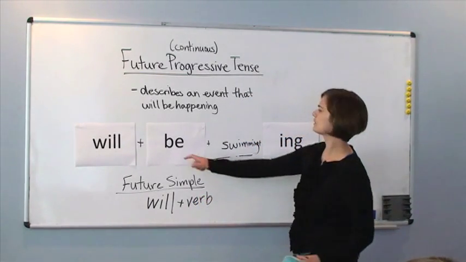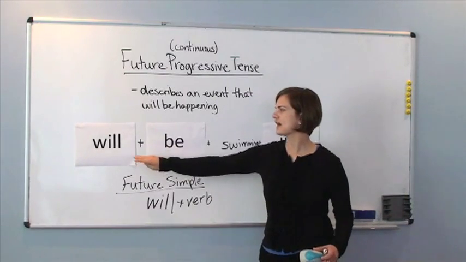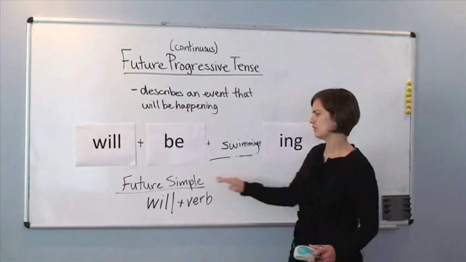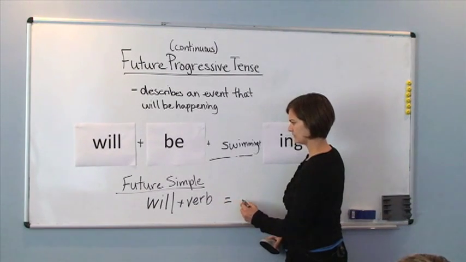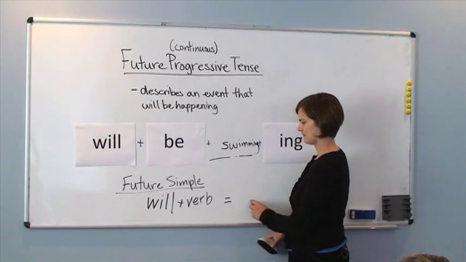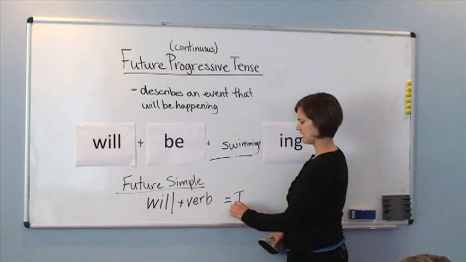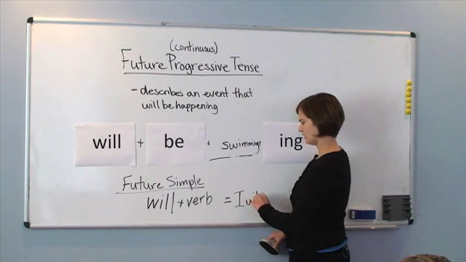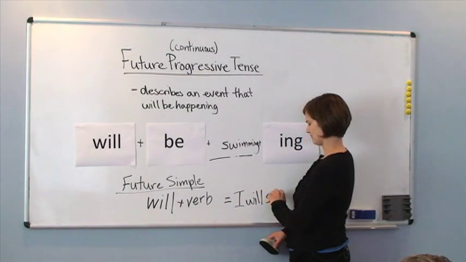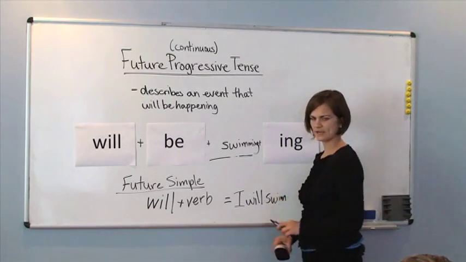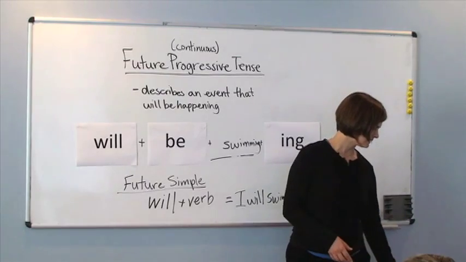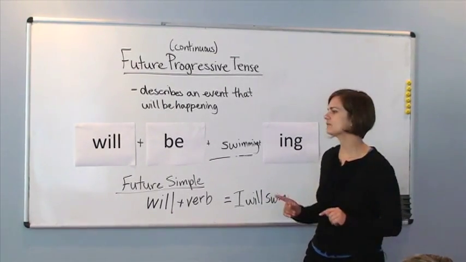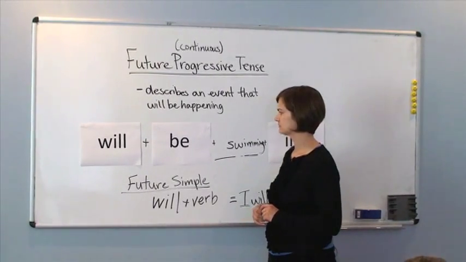So let's look at this one. Future progressive says, I will be swimming. What would future simple say? I will swim. Right? So future simple, again, is a plan for a future action.